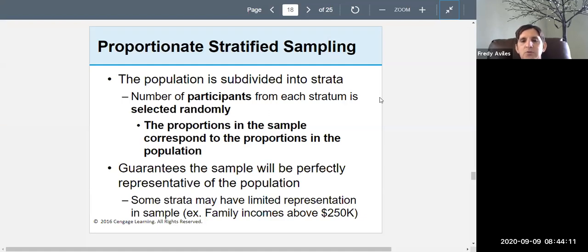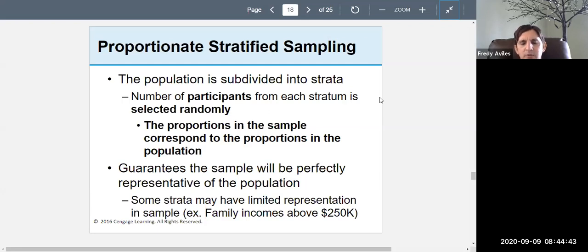However, you don't only do that, you make sure that each group is represented based on proportion. So if, let's say, families with incomes above 250,000 only make up 5% of the population, well, then they only make up 5% of the sample. So let's say you had 100 families participating, or 100 individuals, or whatever it is, just to make it simpler, okay?